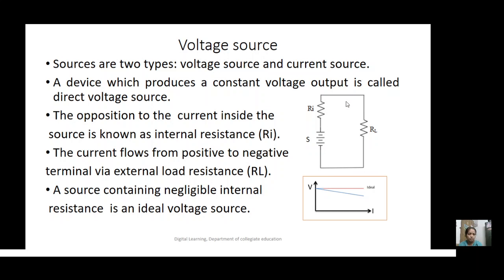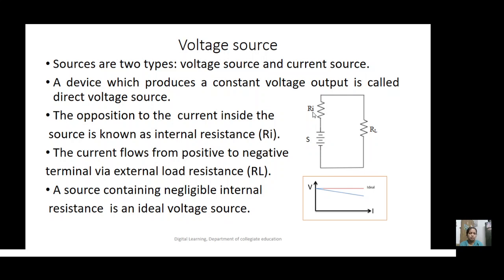This is a circuit diagram in which we have shown a source, and the source usually will have some resistance called internal resistance, which is shown explicitly here as Ri, and generally there will be an external load resistance, RL. RL is called the load resistance. Ri is the internal resistance of the source, that is the battery.